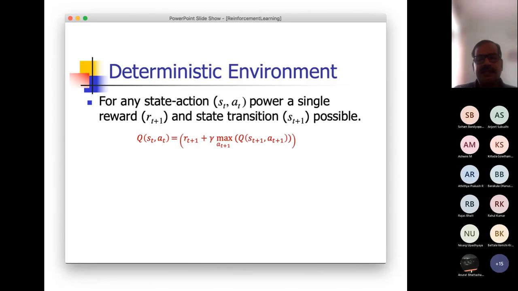So this is exactly what I mentioned for the deterministic environment. You can see that you are iterating over that.